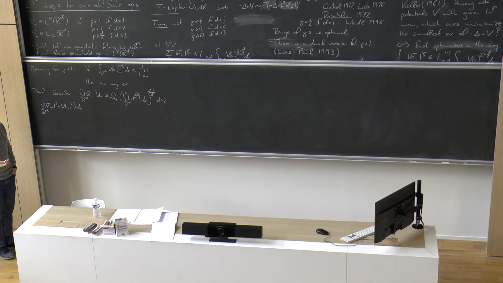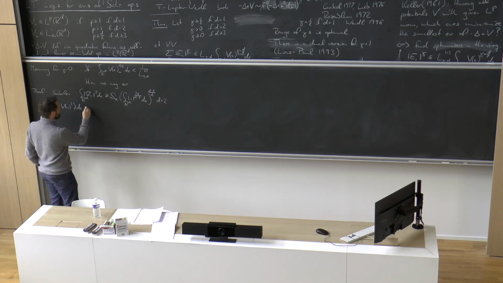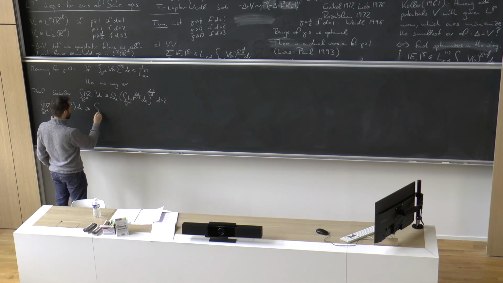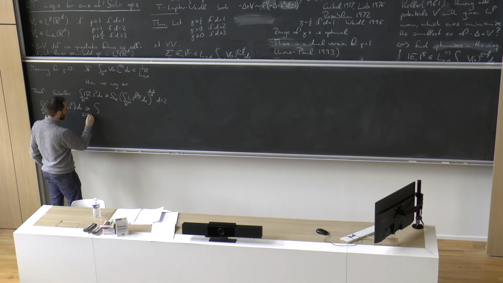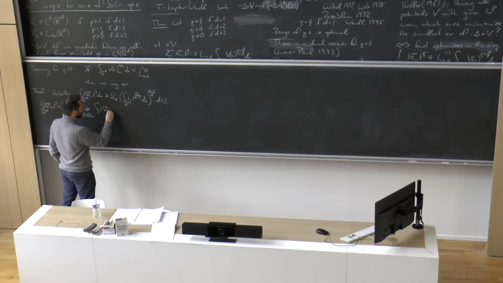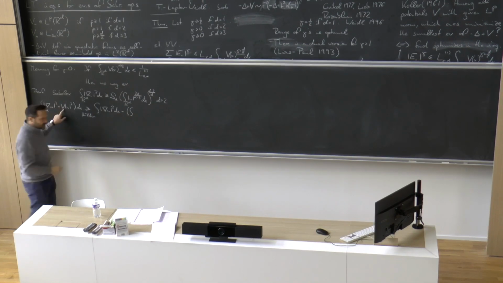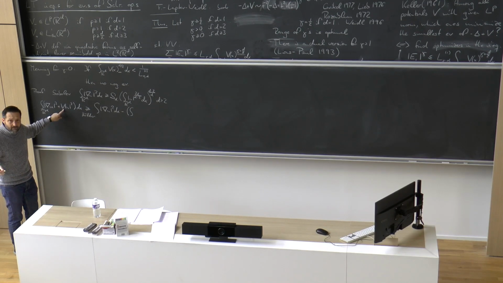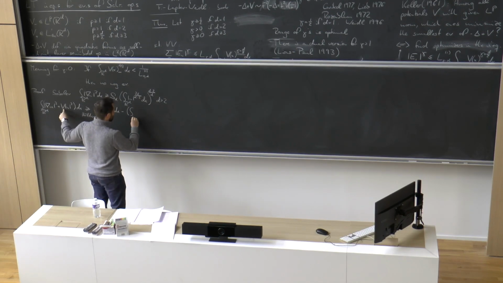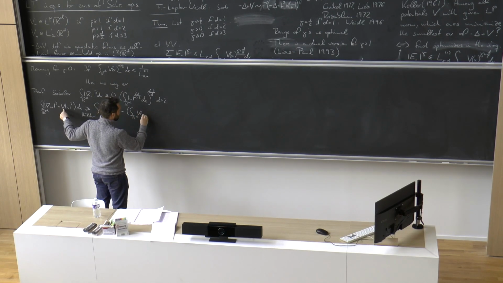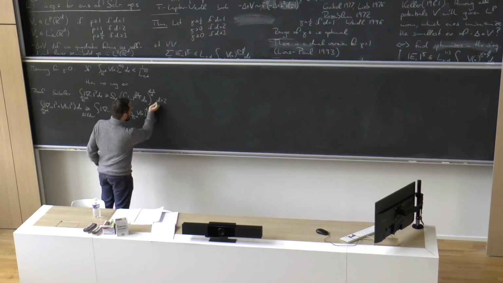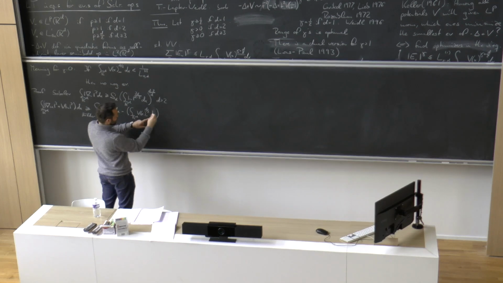And the only thing I do is I apply Hölder's inequality to the potential. So this is greater or equal, this is Hölder, minus, the positive part of V I throw away, and then I have the negative part, and I'll do it with d over 2.